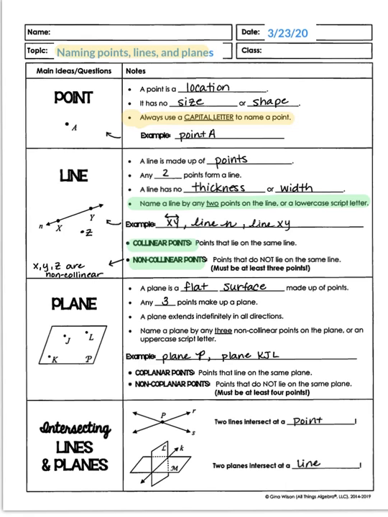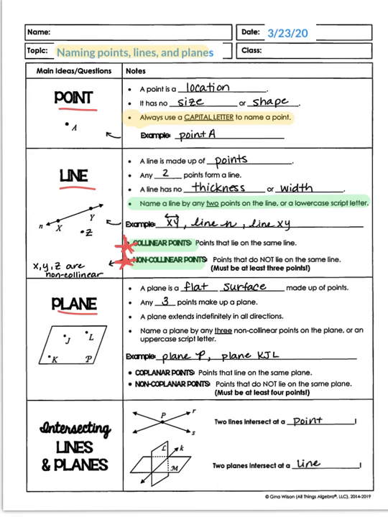So as an example here that you see, X, Y, and Z are non-collinear because all 3 of them do not lie on this line. 2 collinear points, so 2 points that do lie on the same line would be X and Y. So these 2 are going to be very important vocabulary words moving forward as well. So you want to take note of both, aside from our obvious ones that we're talking about on the left.